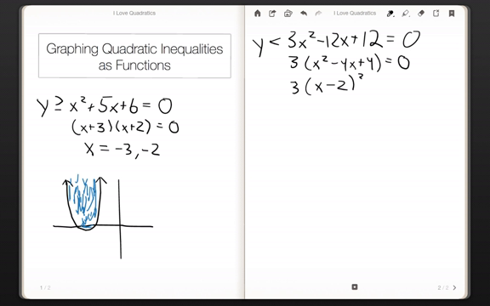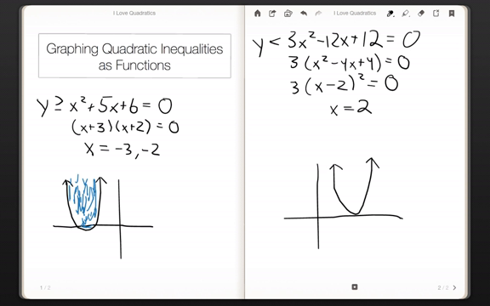So x minus 2 squared, meaning we only have one real root here of x equals 2. So if that's the x-axis, this is the y-axis, and we only have one real root, so it just touches the graph at x equals 2, looking something like that.